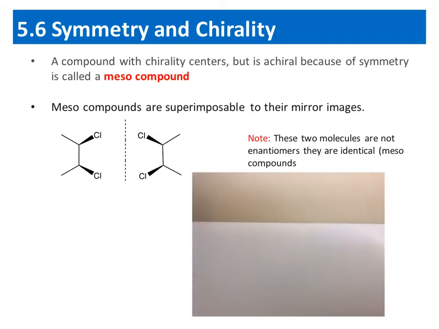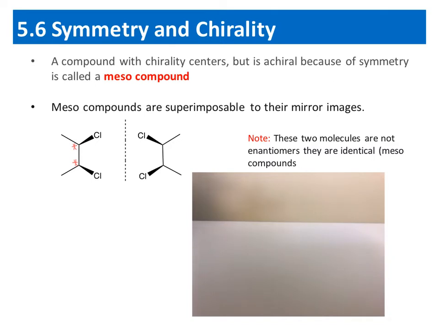So we just learned that a compound with chirality centers can be achiral because of the plane of symmetry, and we call that compound a meso compound. Meso compounds are superimposable on their mirror images. So if you imagine there is a molecule right here, we have 2 chirality centers in this molecule, 1 and 2.